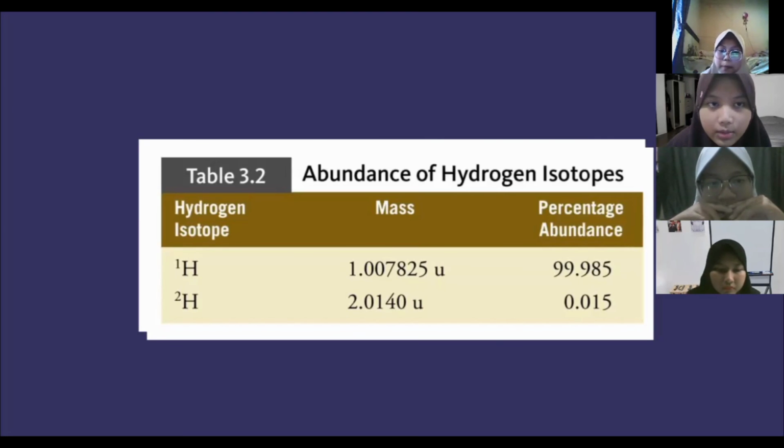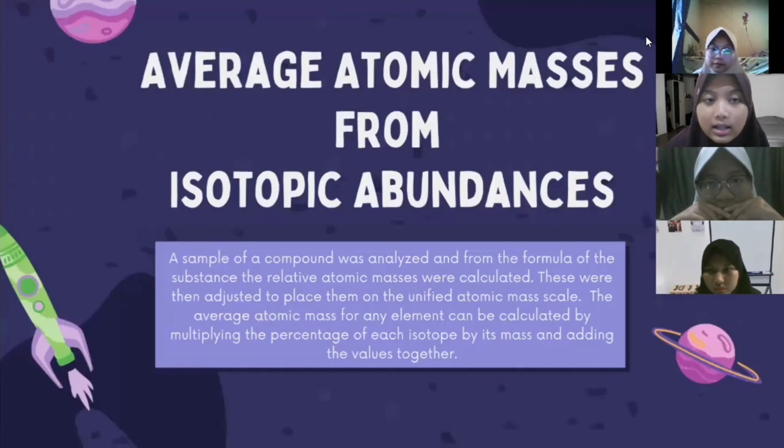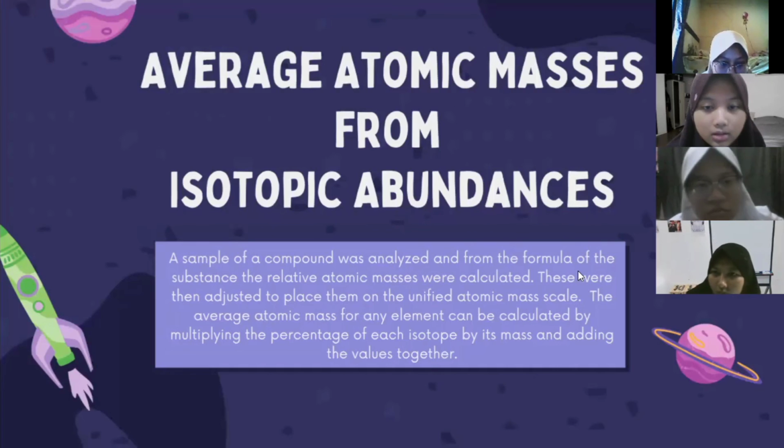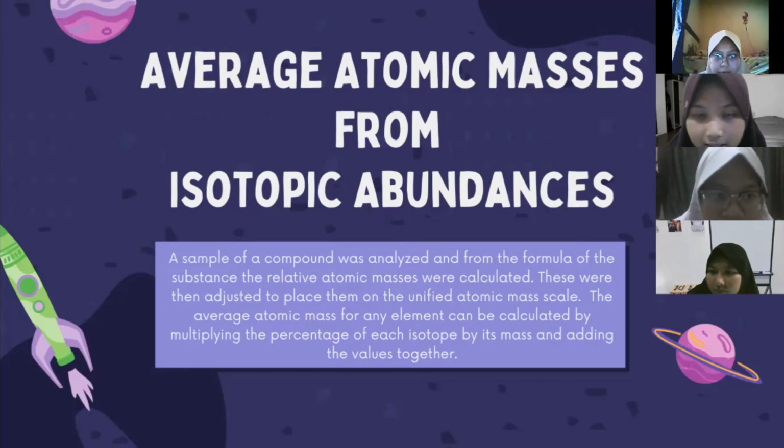Okay, so I will explain about average atomic mass. There is a relation between average atomic masses and isotope abundance. For example, a compound was analyzed, and from the formula of the substance, the relative atomic masses were calculated. These were then adjusted to place them on the unified atomic mass scale.